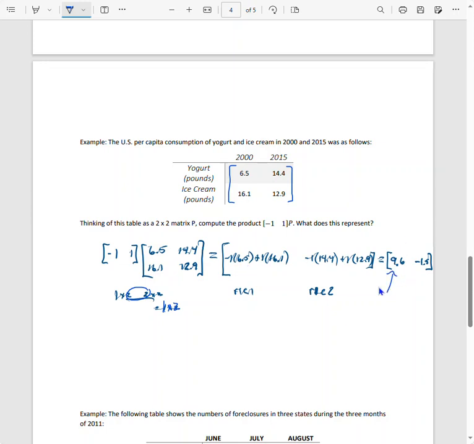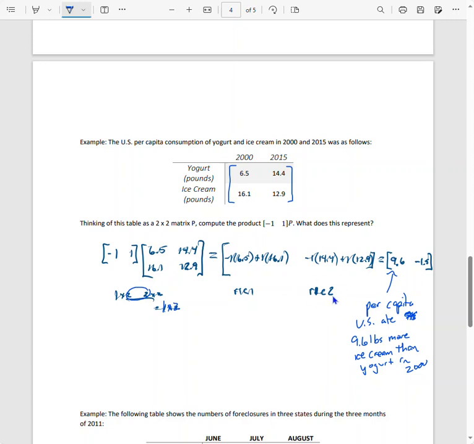So the 9.6 says that per capita in the U.S., 9.6 pounds more ice cream than yogurt in the year 2000. Per capita, the U.S. ate 9.6 pounds more.